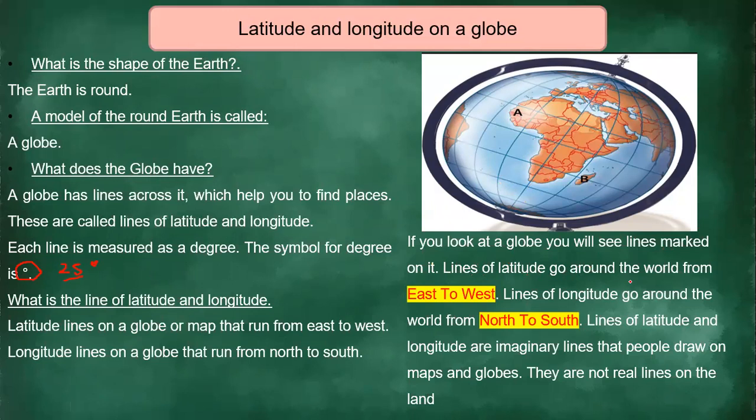Lines of latitude go around the world from east to west. The lines of longitude go around the world from north to south. Get my point?